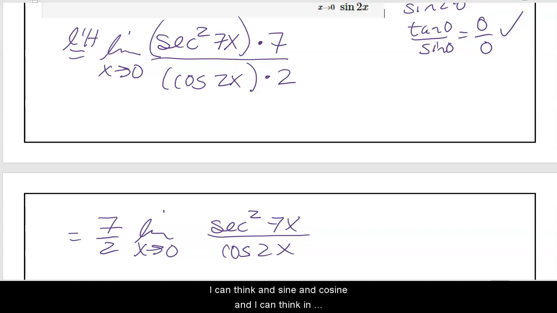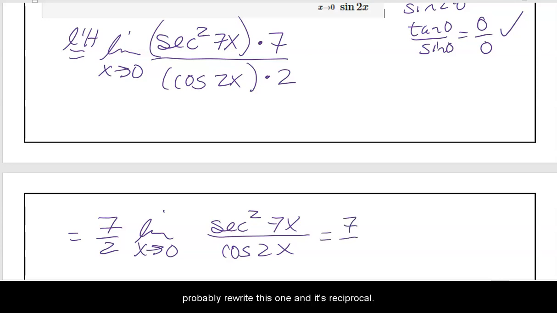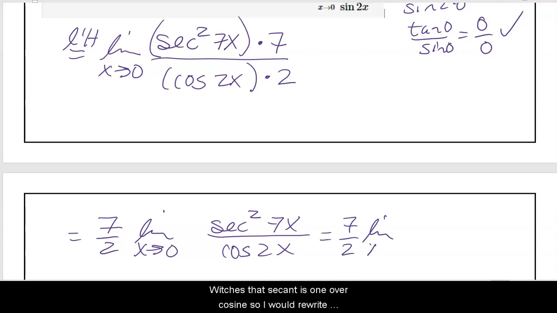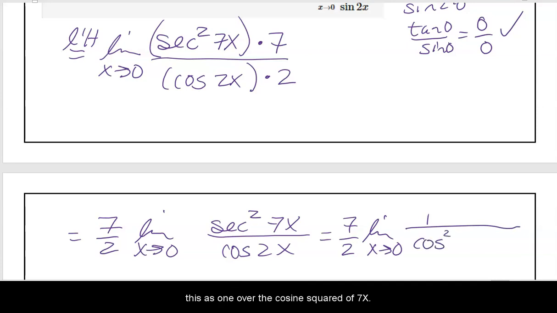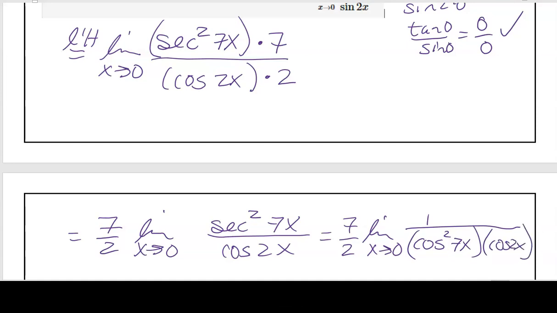I can think in sine and cosine, and I can think in tangent, but secant is a bit of a stretch for me. So I will probably rewrite this using its reciprocal definition, which is that secant is 1 over cosine. So I would rewrite this as 1 over the cosine squared of 7x times the cosine of 2x.